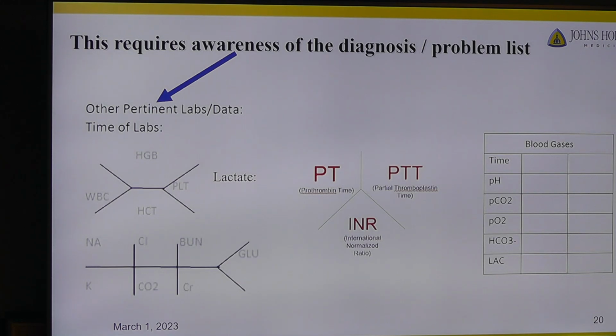What else do I want to know when you report a blood gas? Other than when it was done? Pre or post intubation, exactly. You need to provide the context surrounding the lab that you're reporting. Because a lab value in isolation is meaningless. It just results in more confusion, more questions, and distracts from your objective.